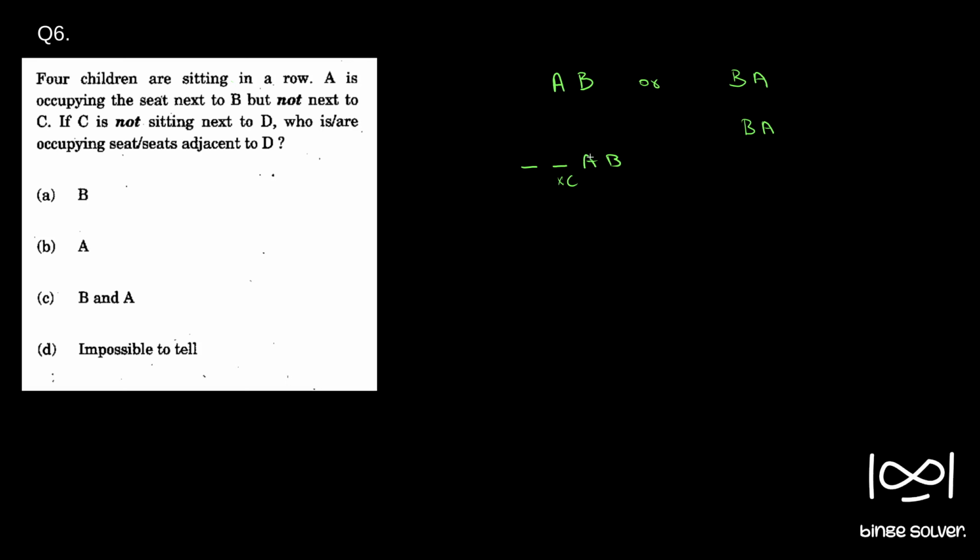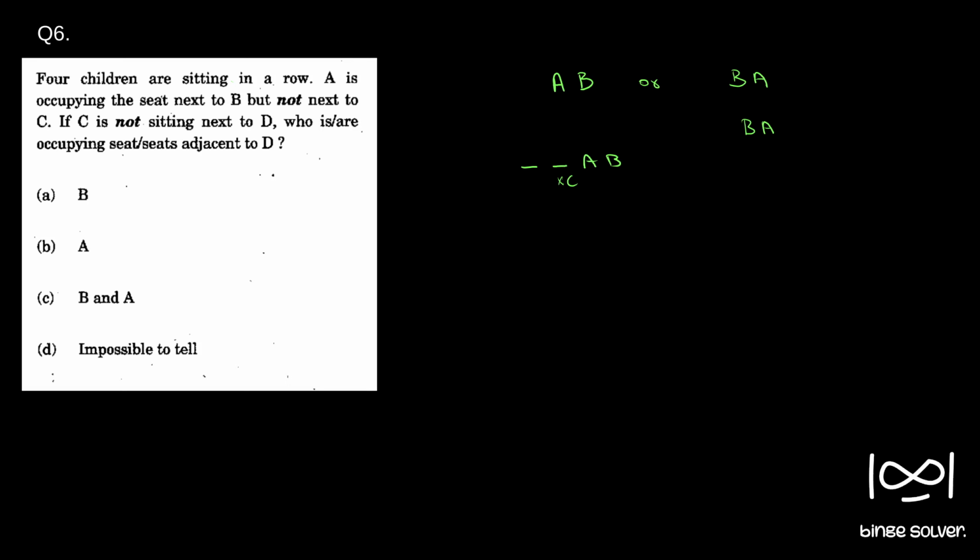C is not sitting next to A. Also C is not sitting next to D, so C and D are the persons left, and we shouldn't place the two adjacent. So the only combinations will be these.